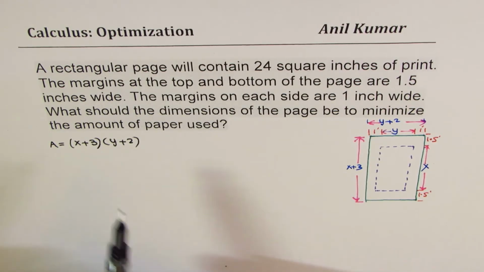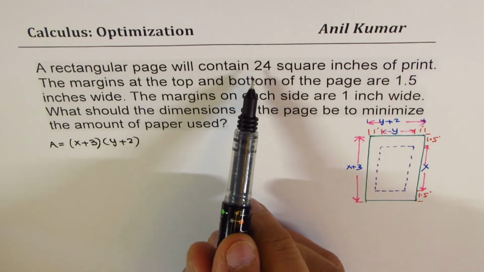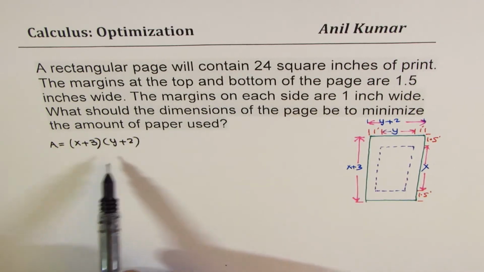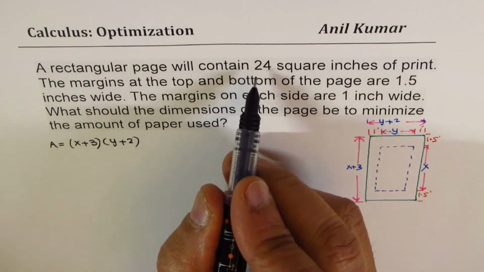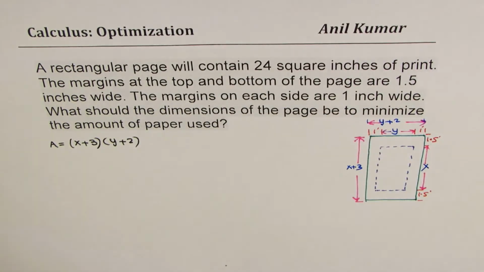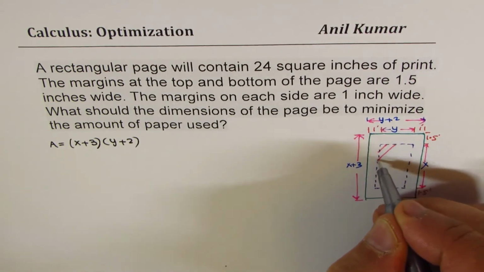Second, we are also given that print area is 24. Now, if the print area is 24, that can help us to relate x and y. Correct? So let's say 24 is the print area, which means x times y. Since the print area is right in the center, that is a print area.